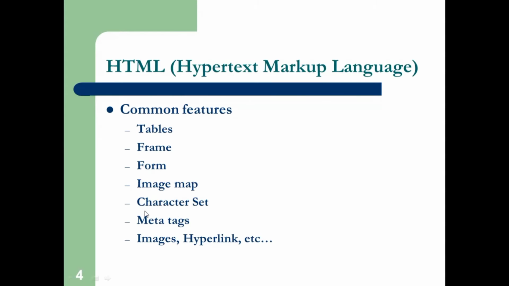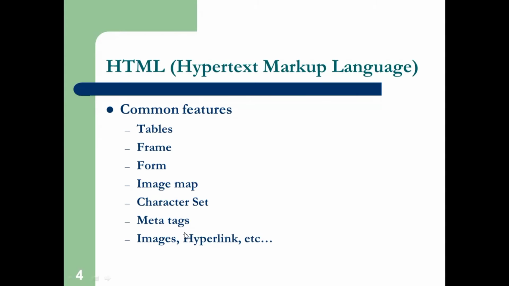Then character set, like what kind of characters you want to add. Then meta tags. Meta tags are very important tags that are embedded inside the HTML code. Meta tags have all the information about your website: how many pages it has, and where it is included in your search engine.